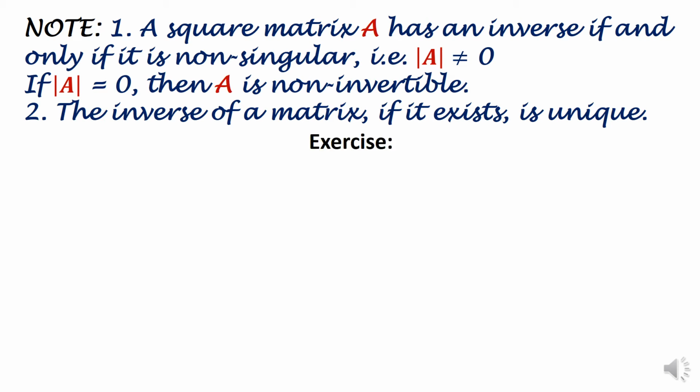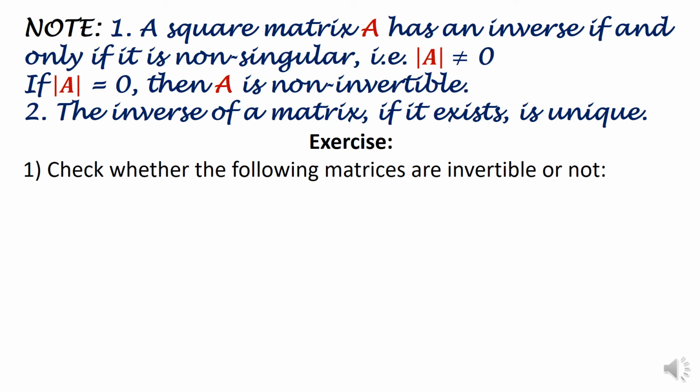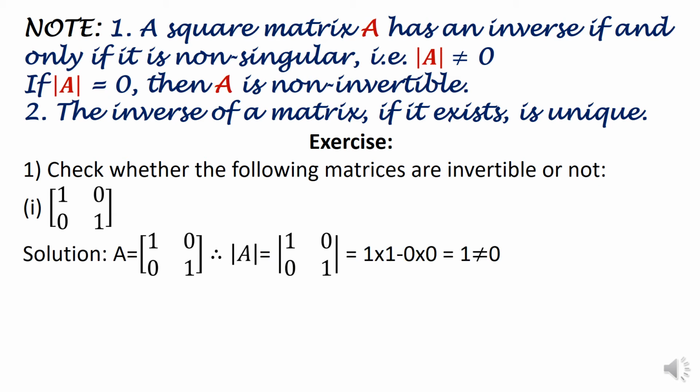Now we start with the exercise. Let us get some practice regarding checking whether the matrices are invertible. So the question is, check whether the following matrices are invertible or not. The first one, as you can see, the rows are 1, 0 and 0, 1. To check whether the matrix is invertible, we convert the matrix into a determinant like so.